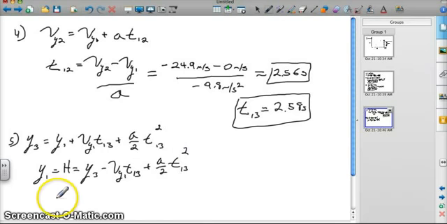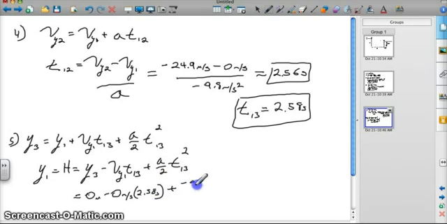Okay, and then if I plug in the values that are given to me, the height at the wall is 0 because that's where we're measuring from. The initial velocity was 0 in the vertical direction. Time was 2.58 seconds.